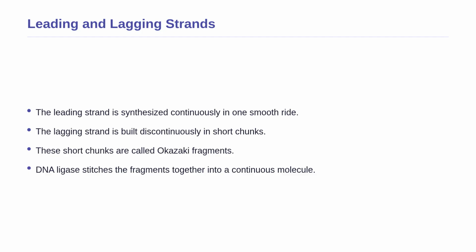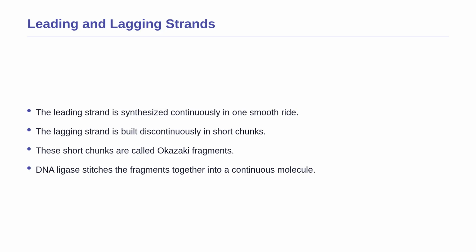Because of this strict directional rule we just discussed, the two strands must be copied differently. As the DNA unwinds, one new strand can be built continuously, following the opening fork. We call this the leading strand. However, the opposite strand, called the lagging strand, must be built in tedious, backward-stepping chunks to obey the directional rule.